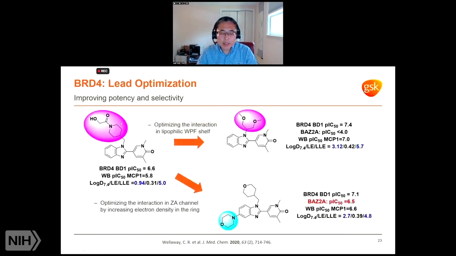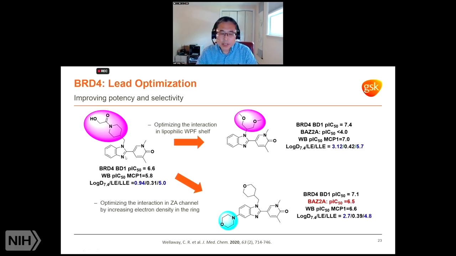Further optimization of the azopiperidine moiety resulted in this compound, which has a dimethyl isopropyl group here. This compound showed improved potency and also very good selectivity against similar bromodomains shown here, for example, BAZ2A.